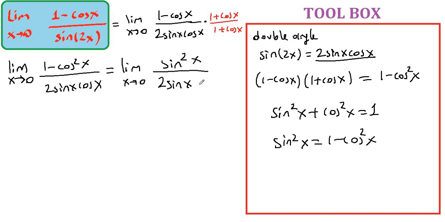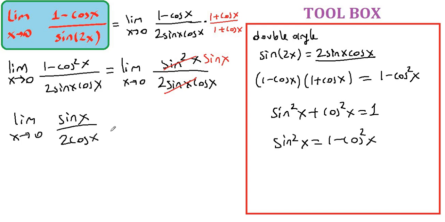We have 2 sine x cosine x in the bottom. One factor of sine cancels this sine, leaving this. So our limit will turn into sine x over 2 times cosine x. Now we have no restriction on the denominator, so we can directly plug in 0.